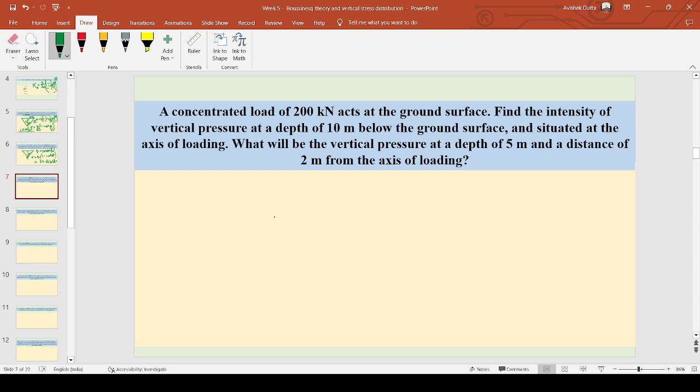A concentrated load of 200 kilonewton. So what is the value of the load? It is a concentrated load, we take it as capital Q. It is 200 kilonewton. And there are two parts to this question.